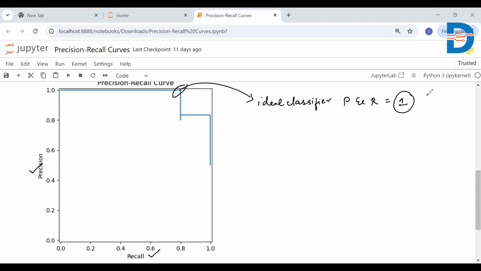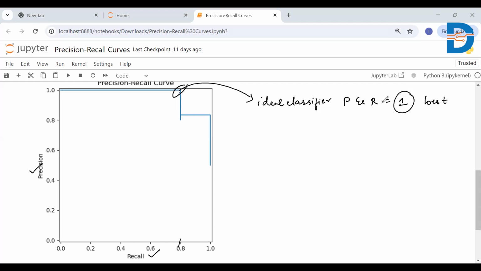Then you can consider your model to be at its best performance. That is how you set your threshold: if the threshold ranges from 0.5 up to 0.8, both precision and recall are 1, so instead of going with the default threshold of 0.5, you can even go with 0.6, 0.7, and 0.8.